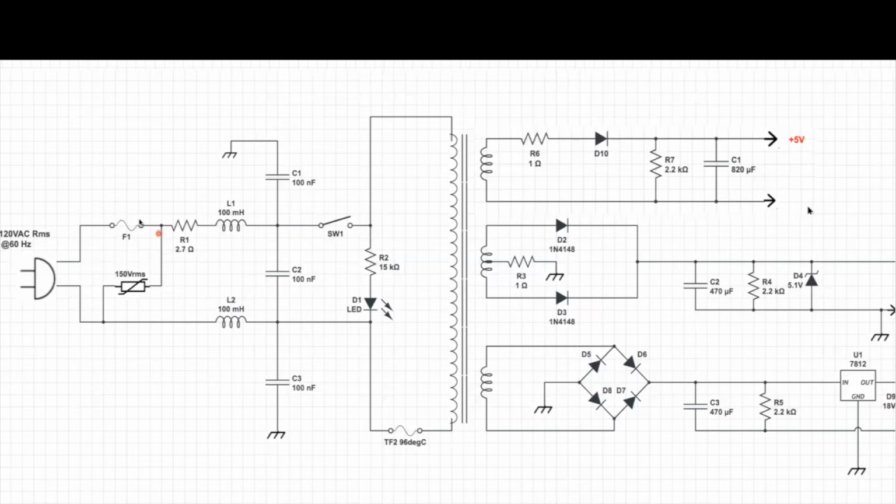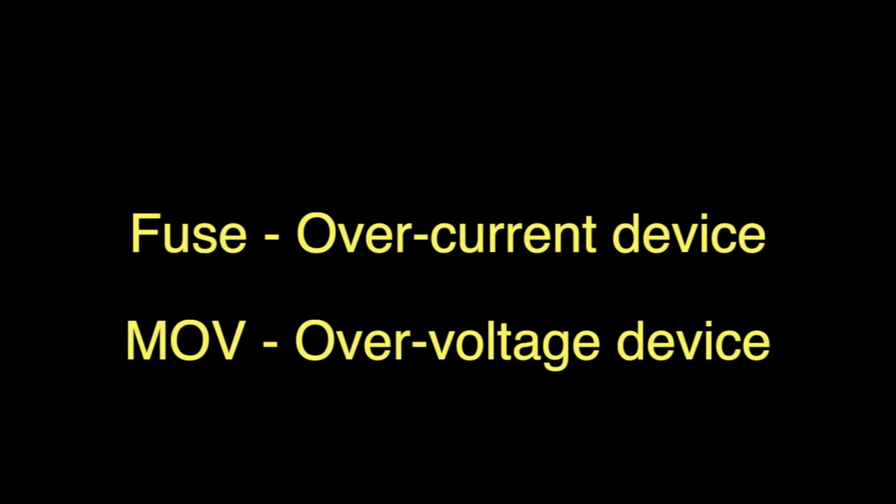So the fuse is an overcurrent protection device, and the MOV would be an overvoltage protection device. So our fuse protects from too much current, and our MOV protects from too much voltage.